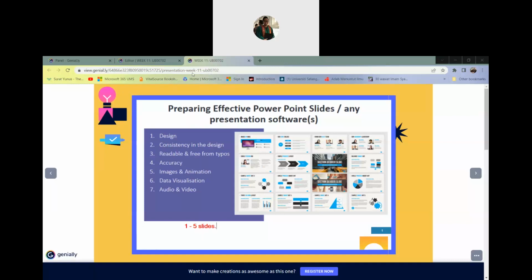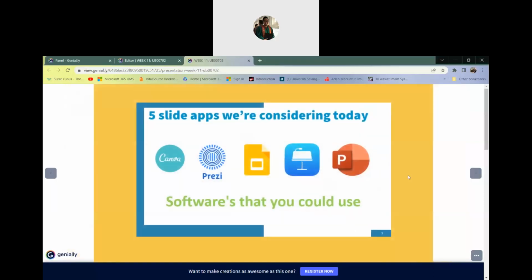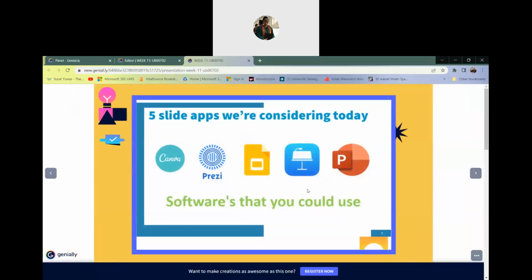Then you can design your presentation based on what you know. You have PowerPoint, which is what you have used before. Now I think you can use Canva. The one that I'm using is Genially. You can Google Genially, it's free, and it's an animated presentation.